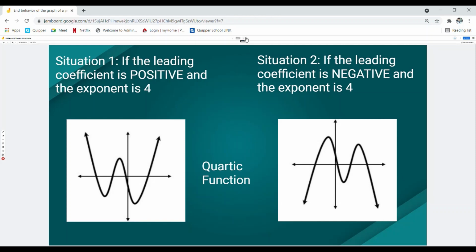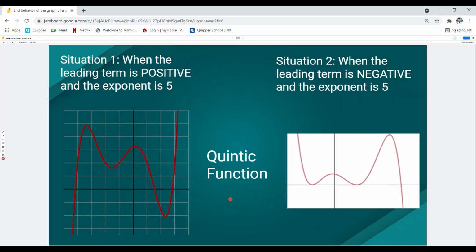So let's proceed to the next. What about a quintic function? Quintic means it's already in the fifth degree, where the highest exponent is 5. Now, when the leading term is positive, you see the end goes up on the right and the other end goes down on the left, just similar to the cubic.